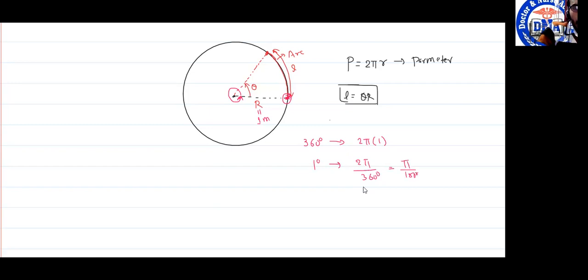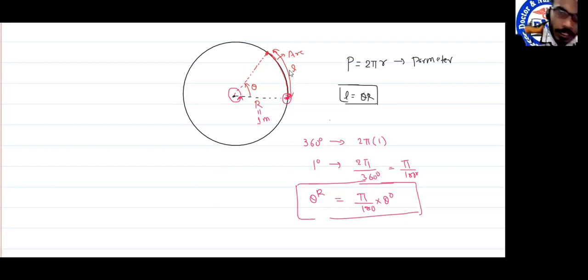Pi by 180 degrees. So for angle theta, what length do you get? Pi by 180 into theta in degrees. So this is theta in radian. Let me tell you one thing.